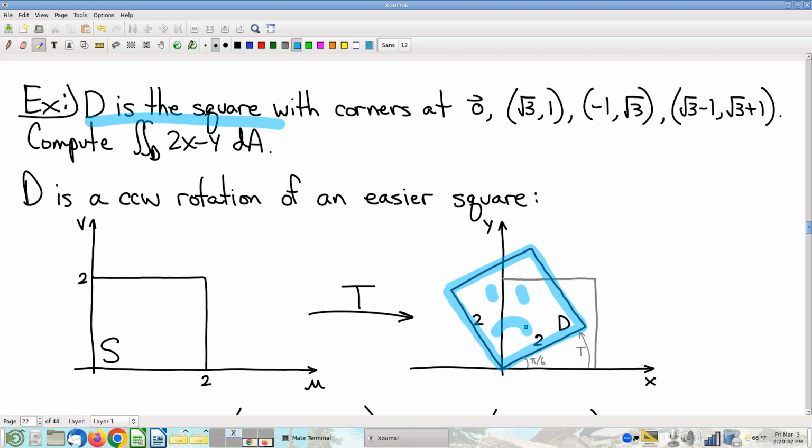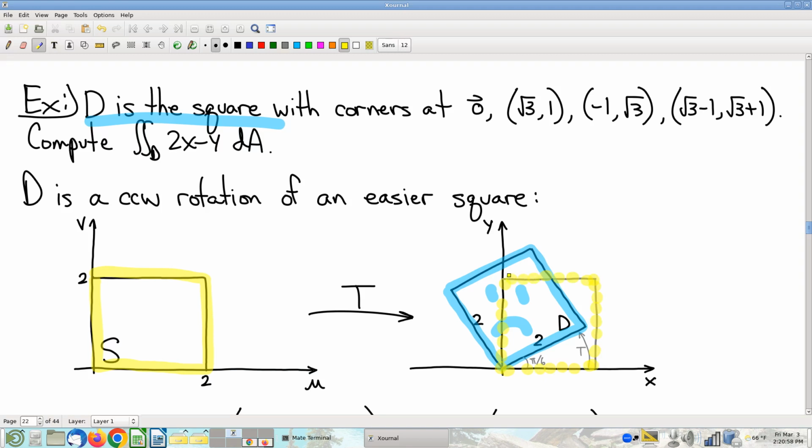I claim that you can think of this as achieved by rotating this square that I'm going to call S. This square S is aligned with the coordinate axes, as you can see here. And just for visual convenience, I'm going to draw it over here, just to be able to see what it looks like.